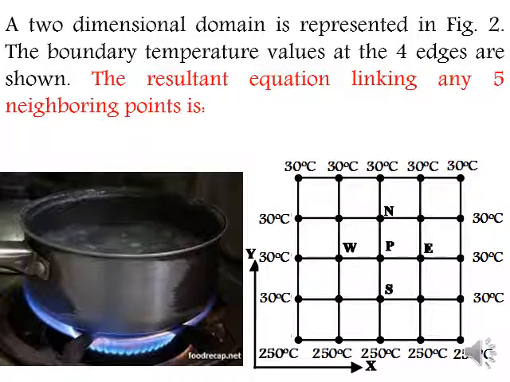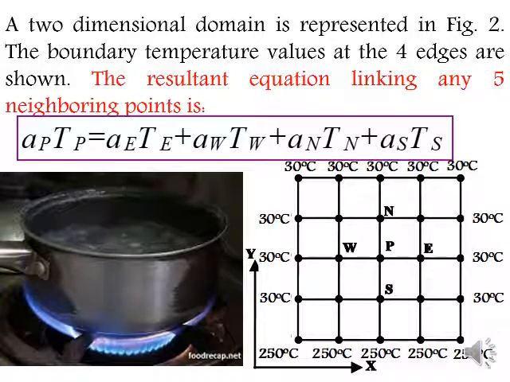So you can consider a two-dimensional domain. The boundary temperature values at the four edges are shown. The resultant equation that links any 5 neighboring points is, as we know, it says that the temperature of each point is the arithmetic average of the neighboring 4 points.